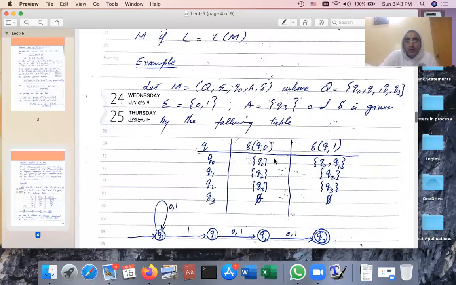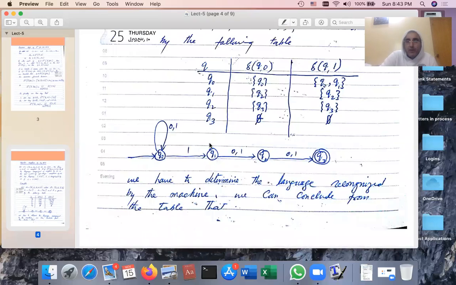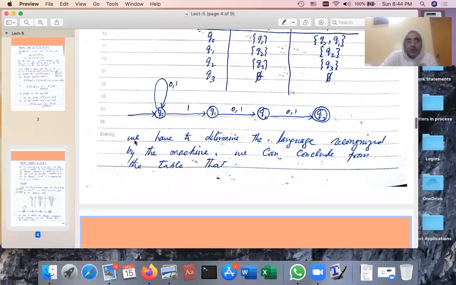Now, we have not studied the example for different strings yet. So now we have to determine the language recognized by the machine. We can say what kind of language is recognized, or what kind of different strings can be recognized by this NFA.